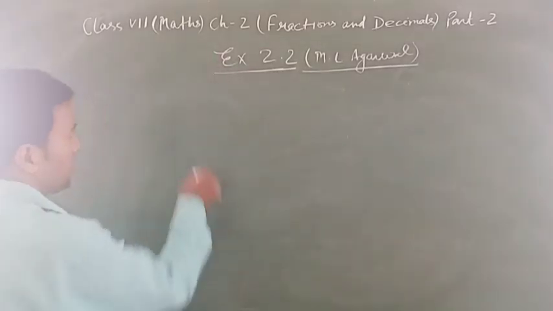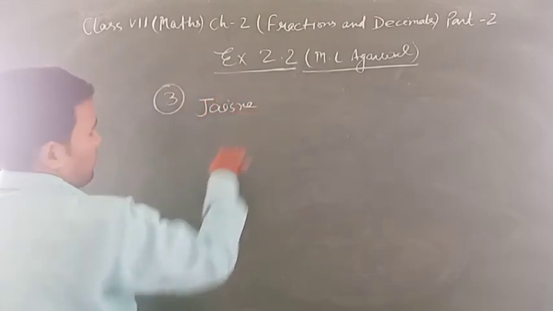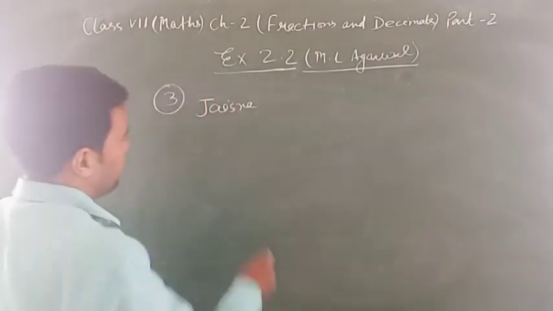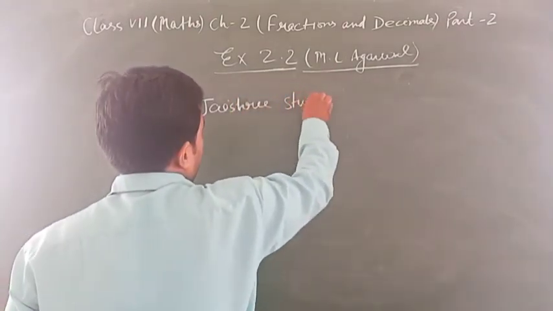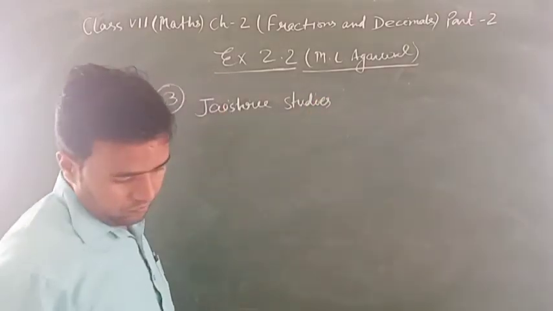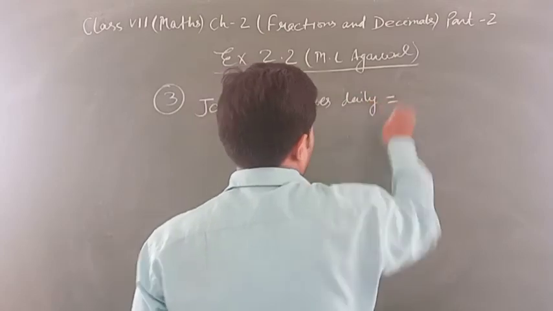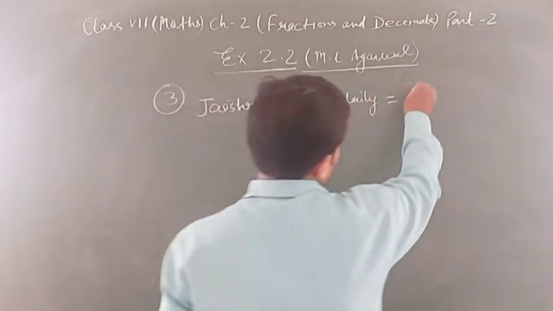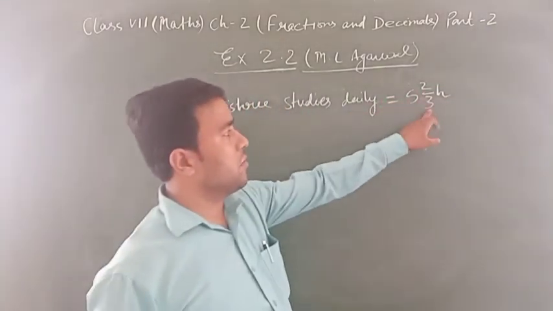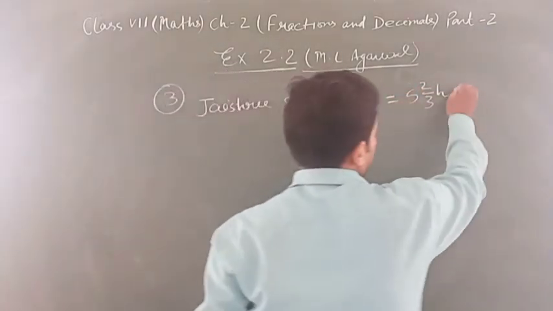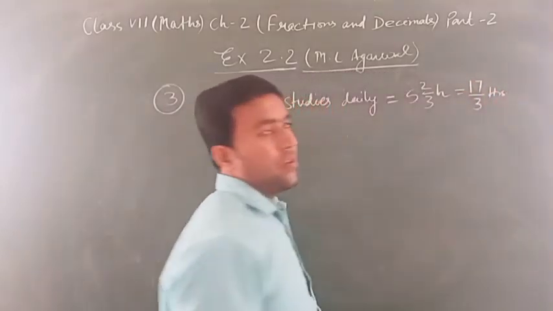Means in third question, Jayashree studies daily, equal to 5 whole 2 by 3. 5 whole 2 by 3 means 5 3 is 15 plus 2 is 17 by 3 hours.